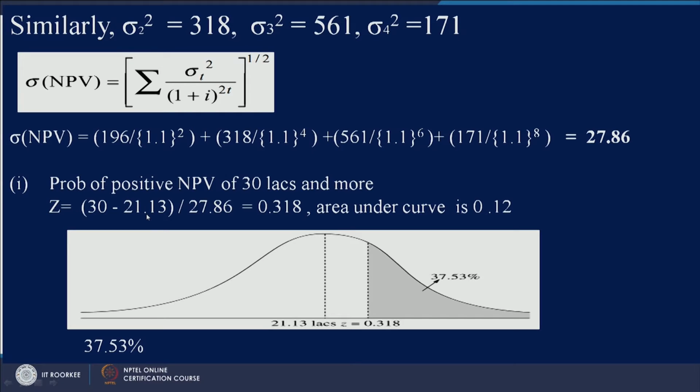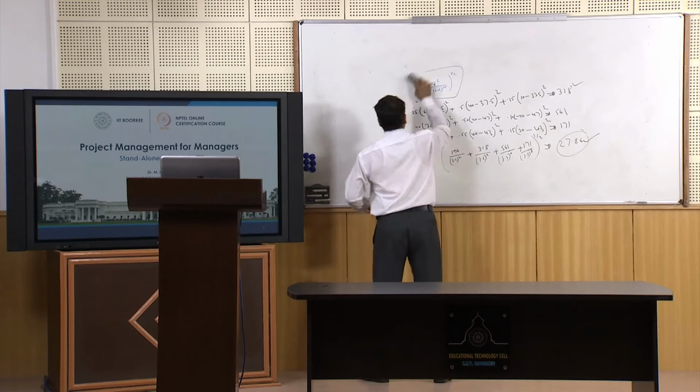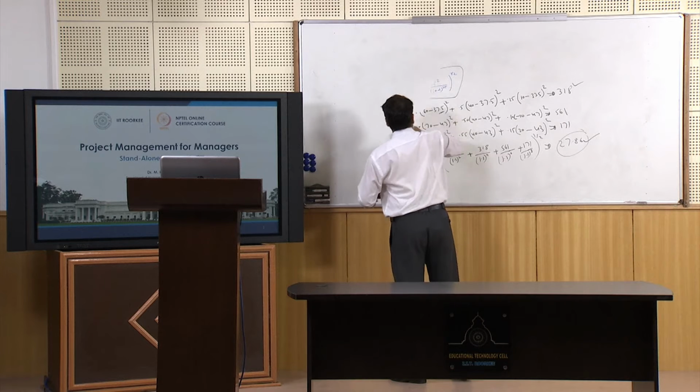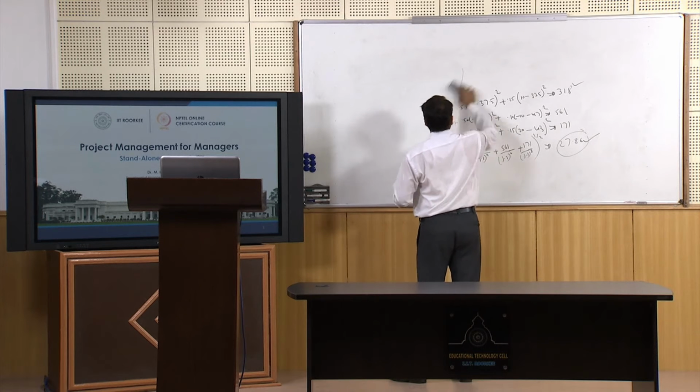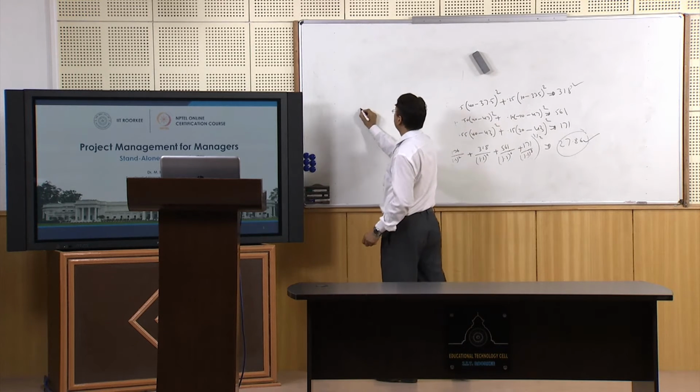So how to draw a distribution for this? The distribution would be like this.